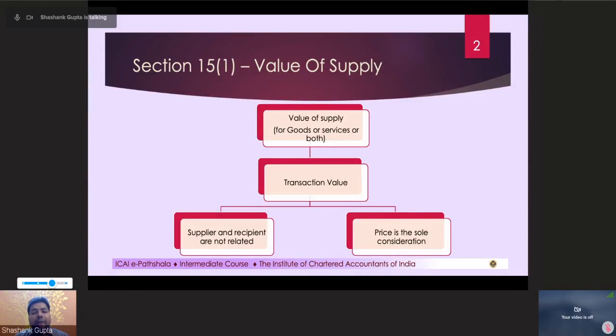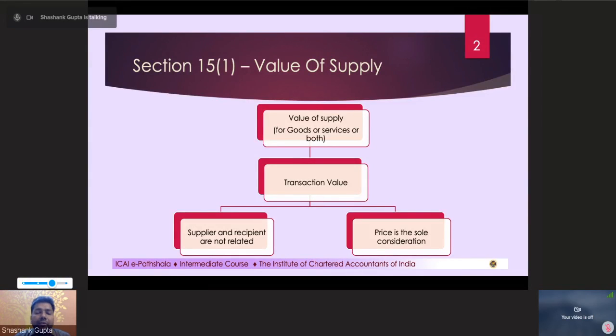And that is why a valuation mechanism has been embedded under GST. Now, this valuation mechanism ideally talks about transaction value. It says that for any transaction, the value at which GST should be paid should be the transaction value of that product.